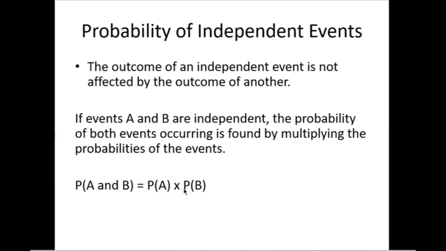So probability of A times probability of B. Or if we're going to analyze it using the Venn diagram or using the symbol of intersection, we have the probability of A intersection B, and that's the product of probability of A times probability of B.